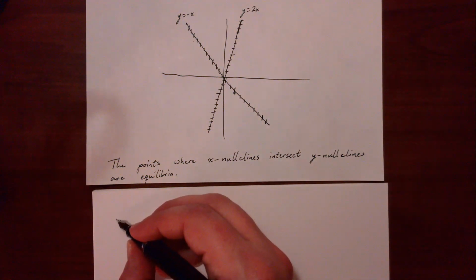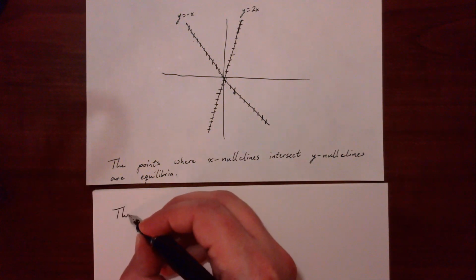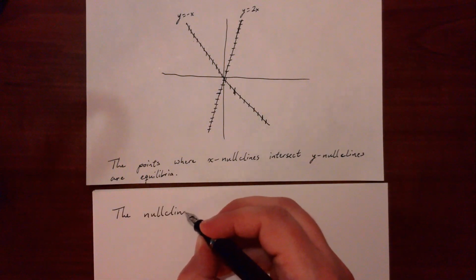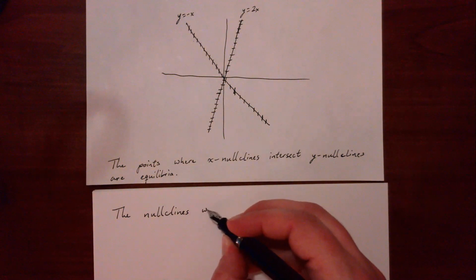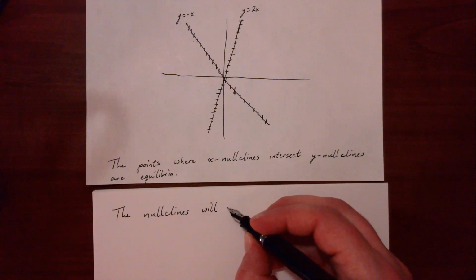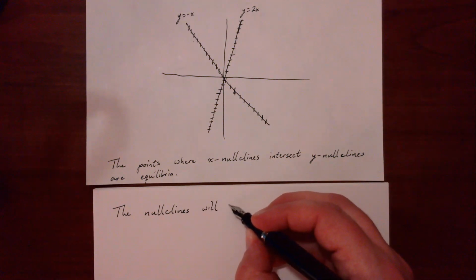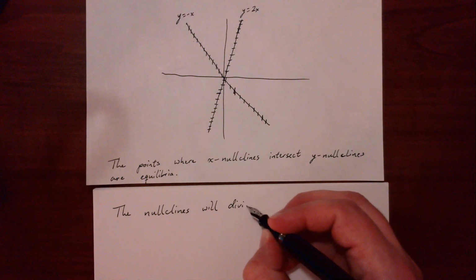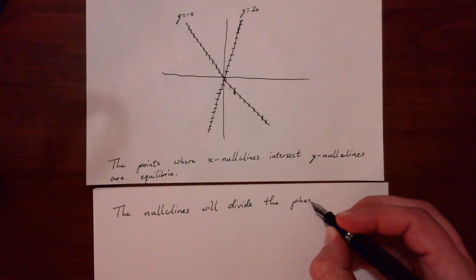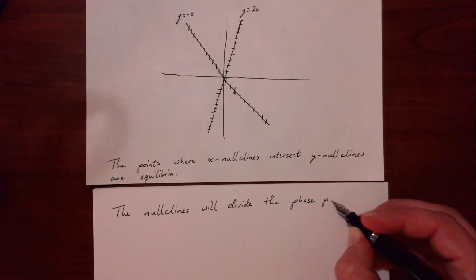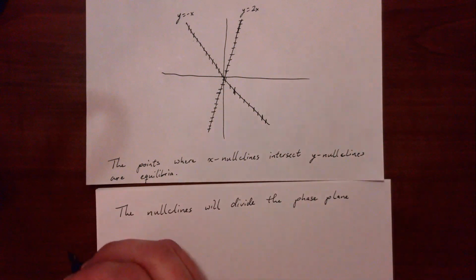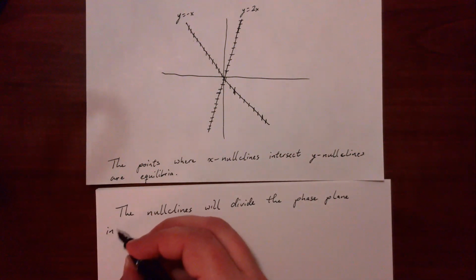So the nullclines will, let's say, divide the phase plane, also known as the xy axis. Phase plane, phase portrait. We'll divide the phase plane into regions.